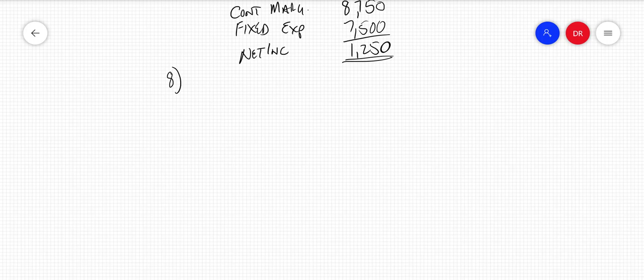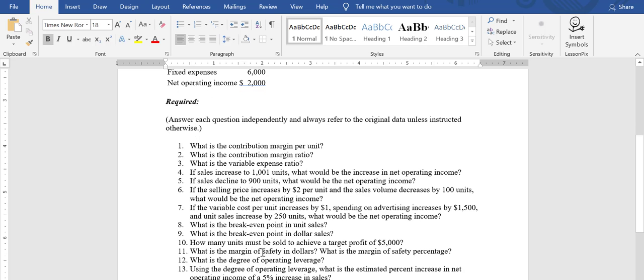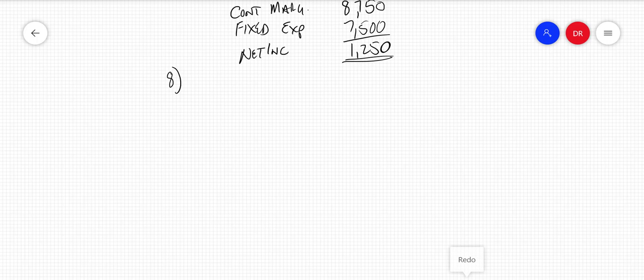Go over here to number 8, and it says what is the break-even point in unit sales, and number 9, what is the break-even point in unit dollars. So for this one, they want us to use the formula approach. Profit is equal to unit contribution margin times quantity minus fixed expense, that is the formula we want to use.